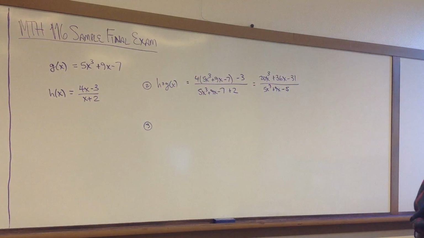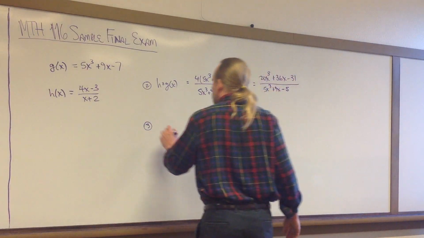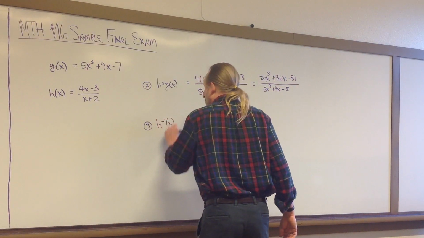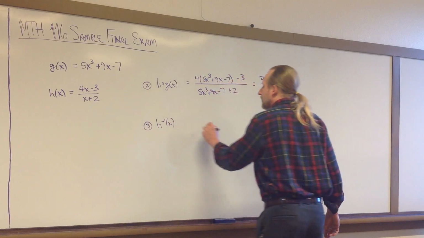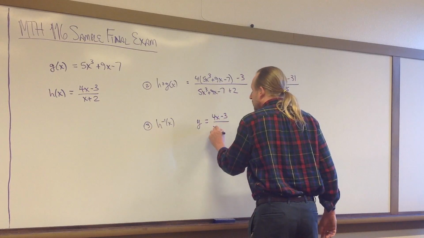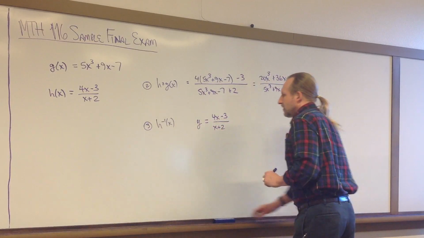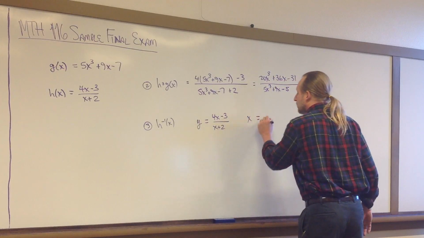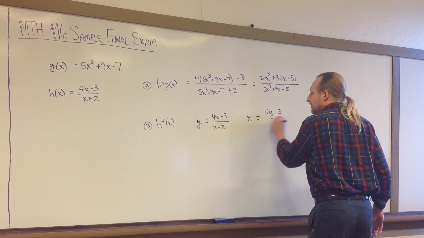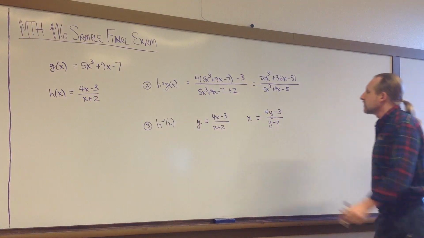Problem 3. H inverse of x. Okay, so first I'll write y equals 4x minus 3 over x plus 2. And then I'll swap the variables. X equals 4y minus 3 over y plus 2. And now we're going to get the y by itself.